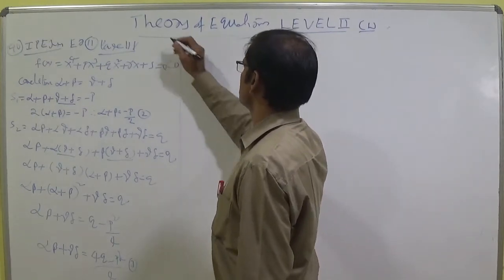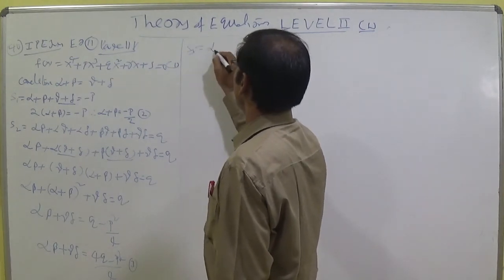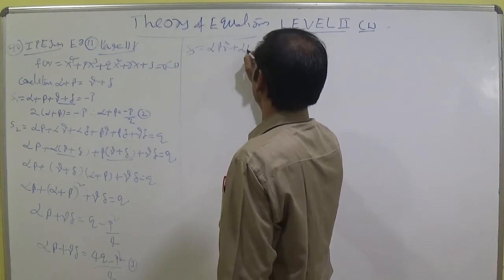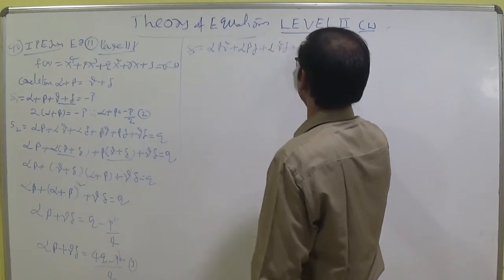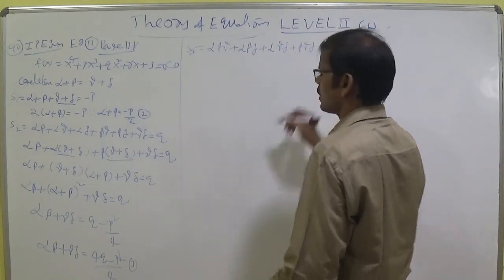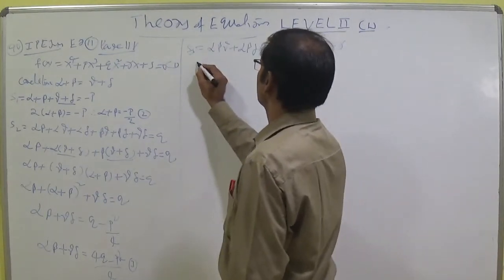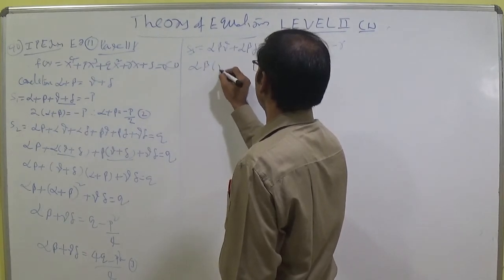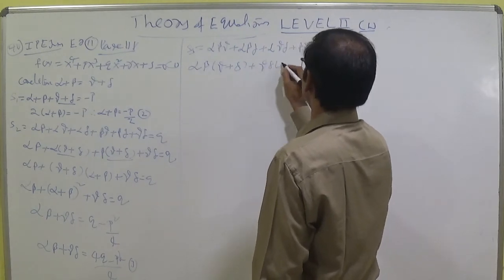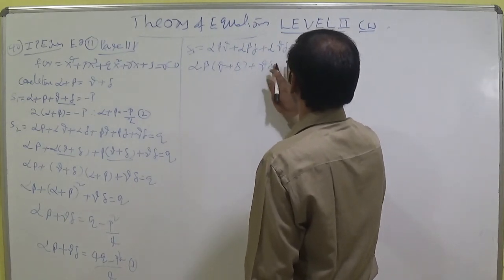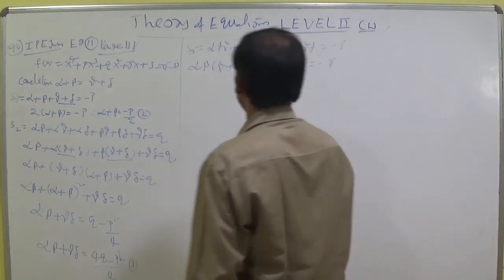Now S3 is equal to alpha beta gamma plus alpha beta delta plus alpha gamma delta plus beta gamma delta, that is S3 is equal to minus r. You take here alpha beta common, it becomes gamma plus delta within brackets. You take here gamma delta as common, within the brackets it becomes alpha plus beta, that is equal to minus r.